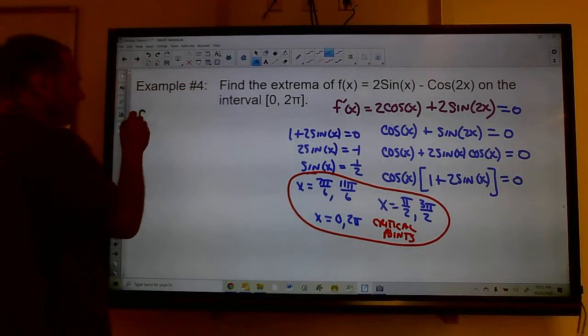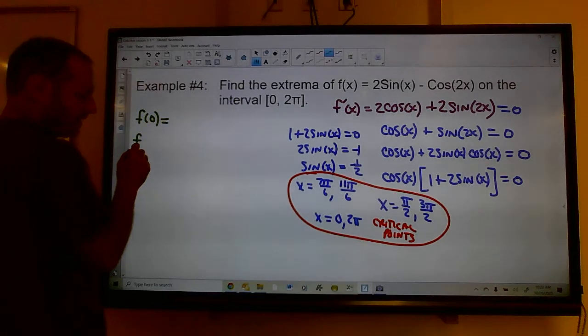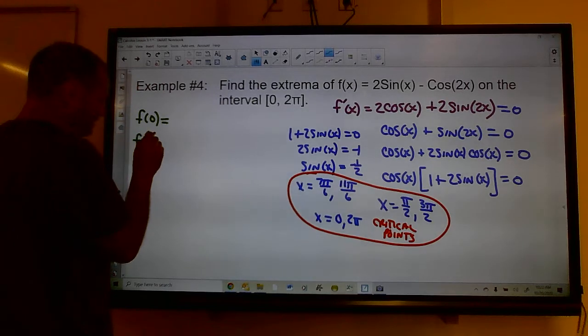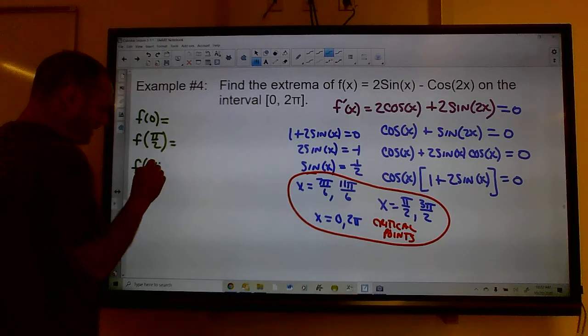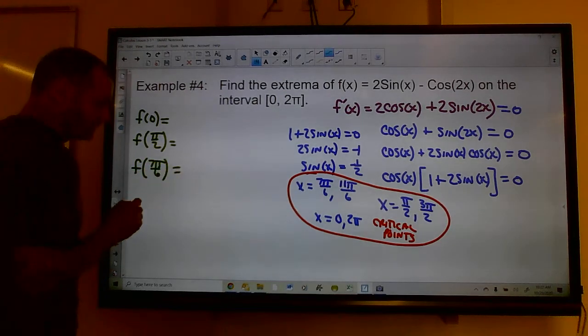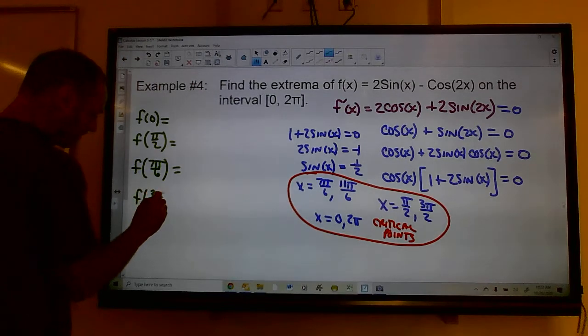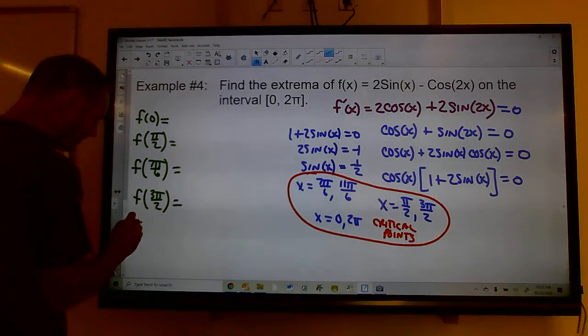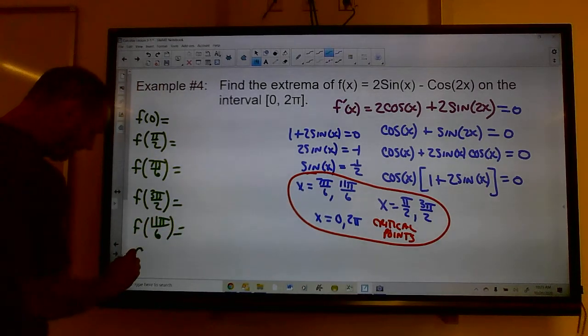So f of 0, f of pi over 2, f of 7 pi over 6, f of 3 pi over 2, f of 11 pi over 6, and f of 2 pi.